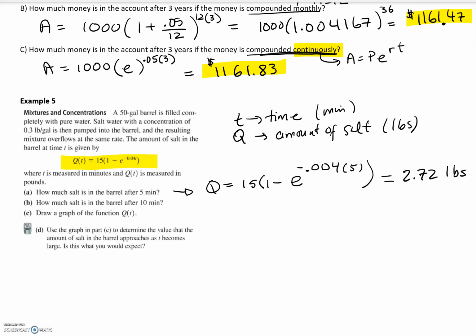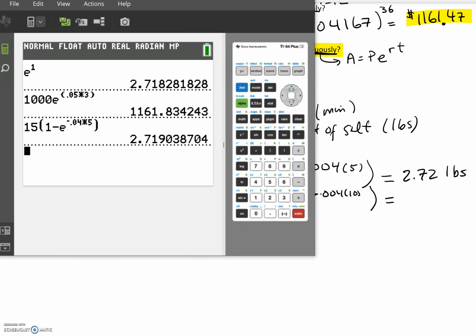How much salt is in the barrel after 10 minutes? Same idea, except now we're plugging in 10 minutes: negative 0.04 times 10 minutes. I'm going to do second, enter, and that gives me what I input previously, and I'm going to change my minutes from 5 to 10.